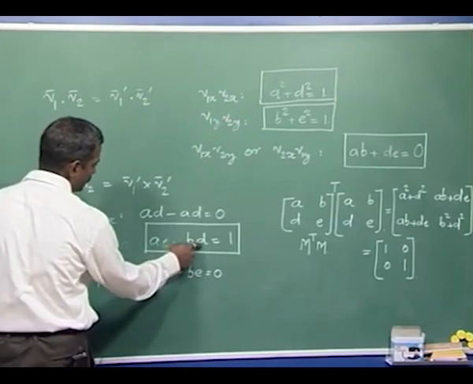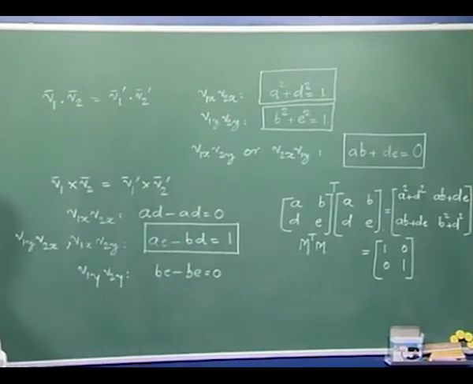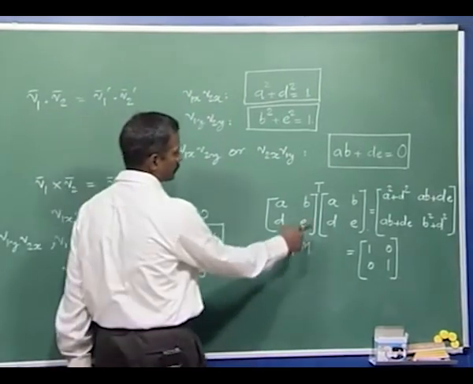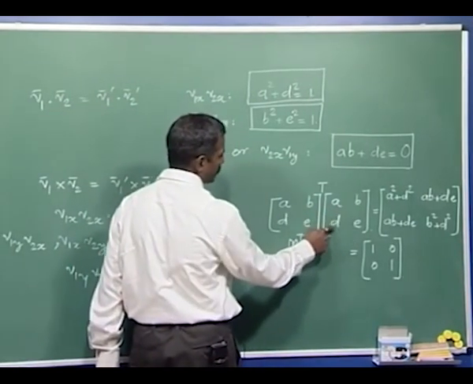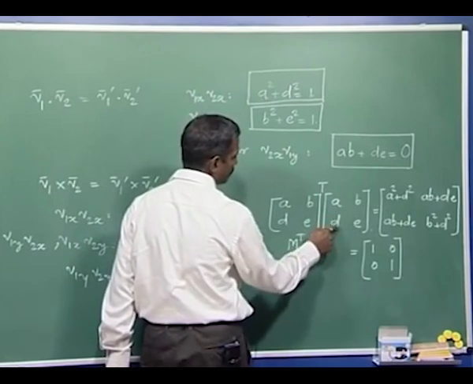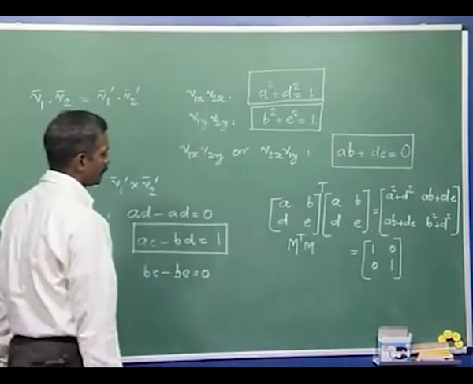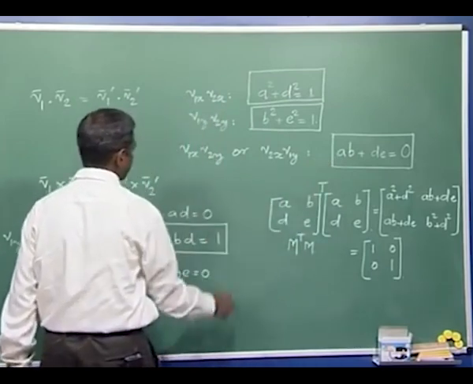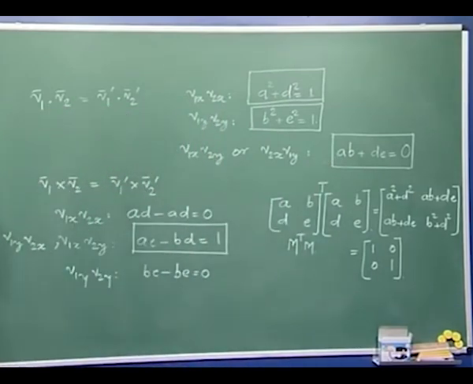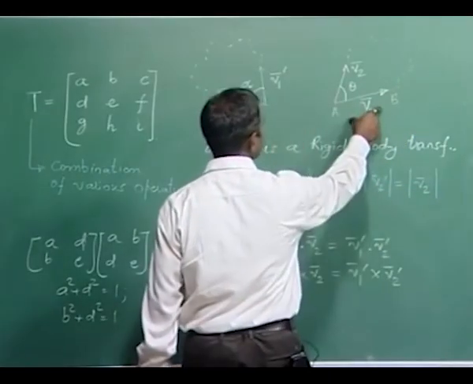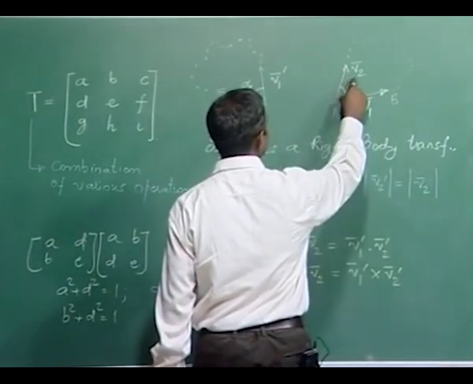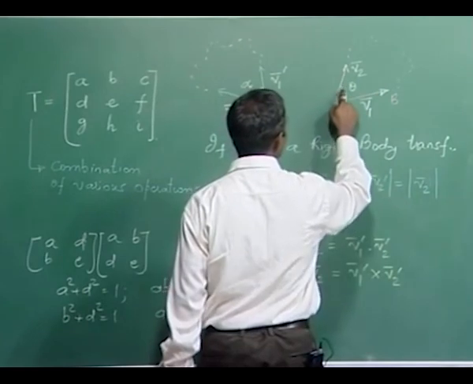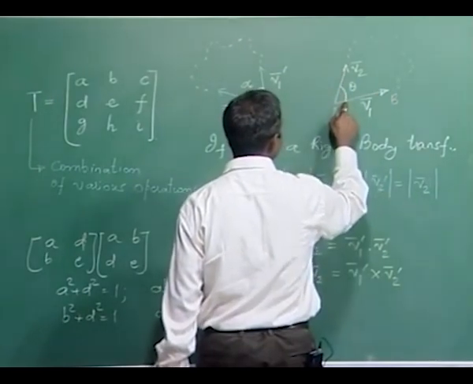AE minus BD equals 1. Look at the determinant of this 2 by 2 submatrix. AE minus BD equals 1. Physically, it is these 4 conditions that do not allow the magnitudes of different interplacements between points and the included angles to change after transformation.